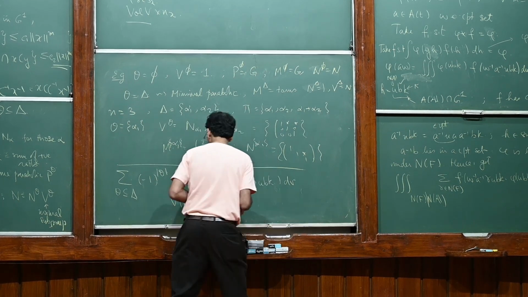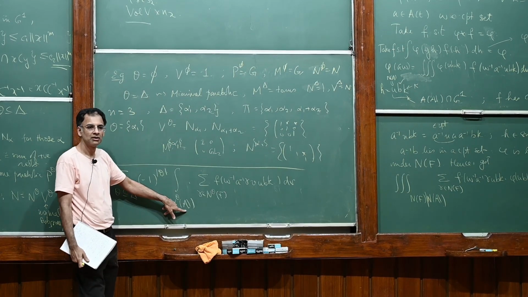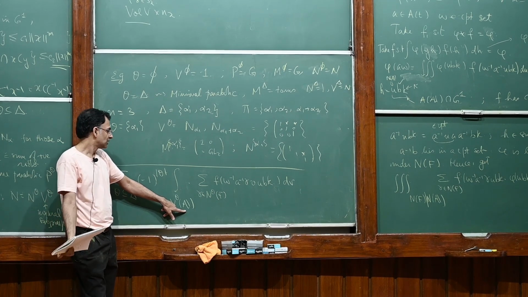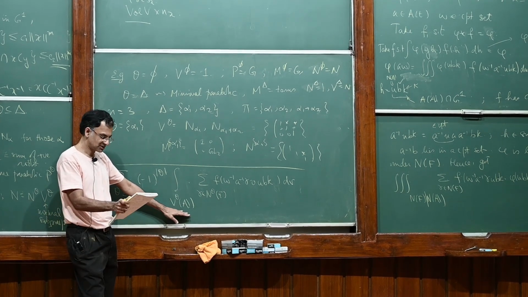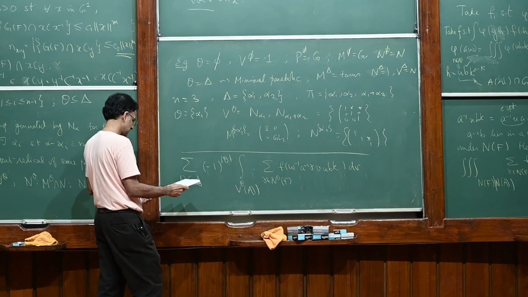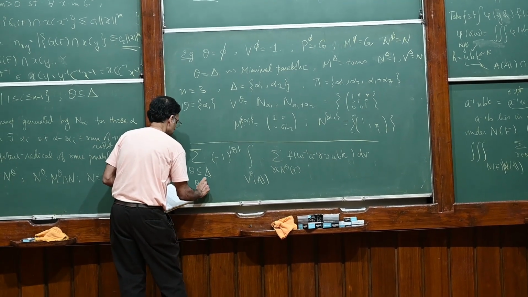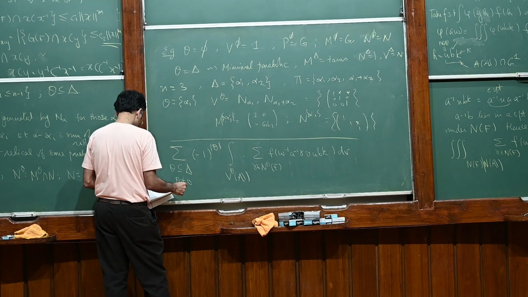Okay, so we are integrating basically on v theta a, this object. And this sum is over theta not equal to 0, of course. We don't want the empty set.